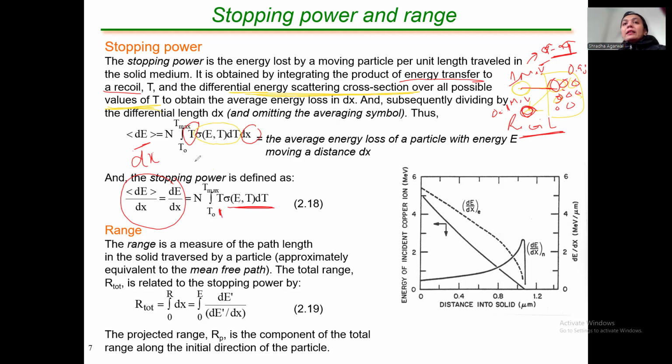Right? Now, guys, on your screen, what you see is a copper ion, right? It goes into some kind of solid. In the beginning, the copper ion goes in, because it has energy, it won't stop. It goes inside.